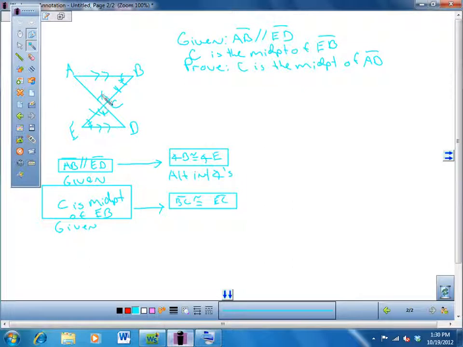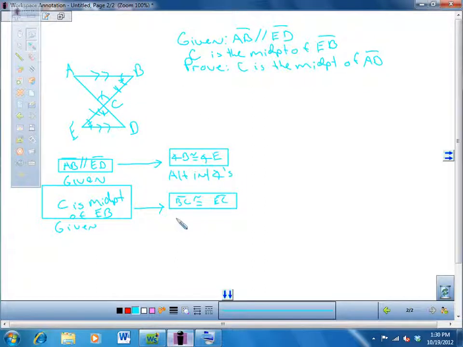Not the alternate interiors, these two. Okay. I could have also used this because this and this also make alternate interior angles. I could have done that as well. Or let's use the vertical angles and then it would have been angle, side instead of angle, side, angle. But we're doing it this way.